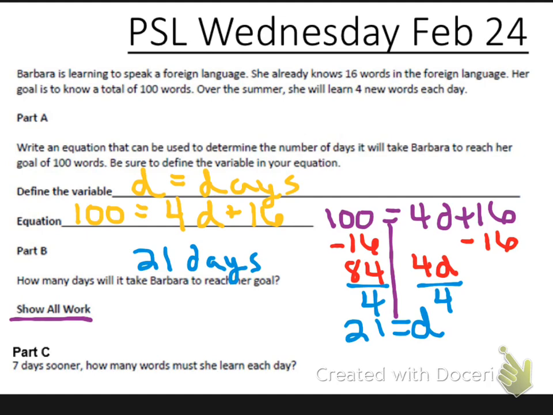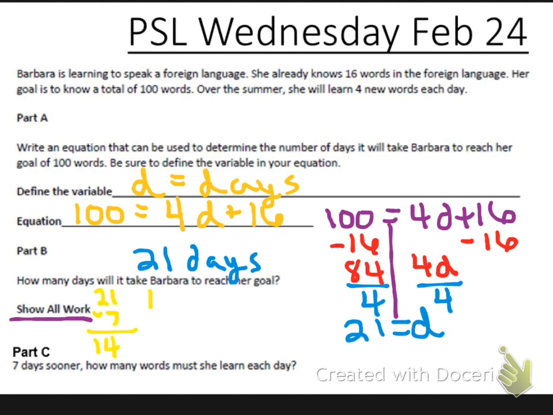Well, we know how many days, though, because it's telling us she wants to learn it 7 days sooner. If she's wanting to learn it 7 days sooner, well, we take our 21 days, and we're going to subtract 7. That's going to tell us how many days she'll end up learning. So if we take 21 minus 7, we are going to end up with 14 days. So we want her to reach her goal.